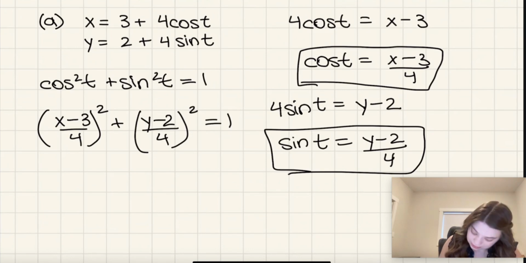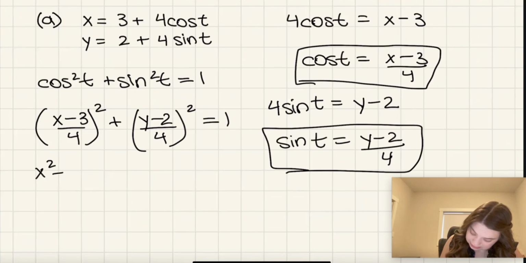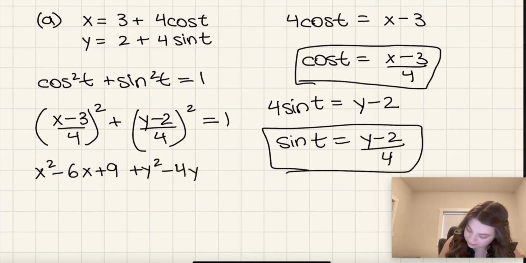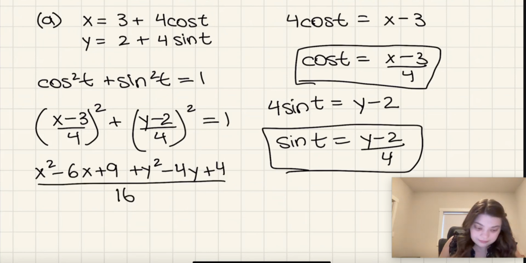So we're going to end up with x squared minus 6x plus 9, and then plus y squared minus 4y plus 4, and that's all over 16, and that will be equal to 1.